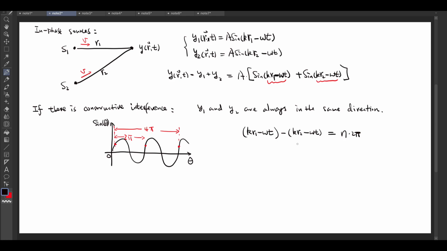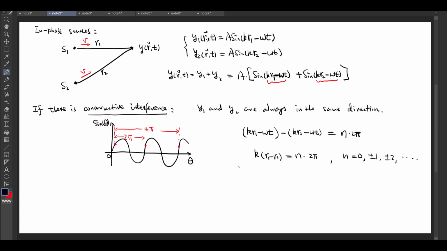So that is the condition for constructive interference. Omega t cancels out. So we have k times (r1 minus r2) equals n times 2 pi. Remember, n here is an integer, so either 0 or plus minus 1, plus minus 2, etc. It could be any integer value. So that gives us the condition.